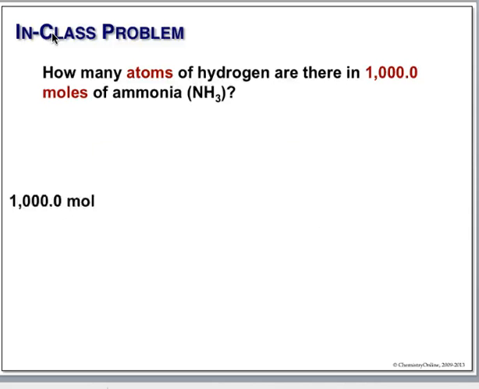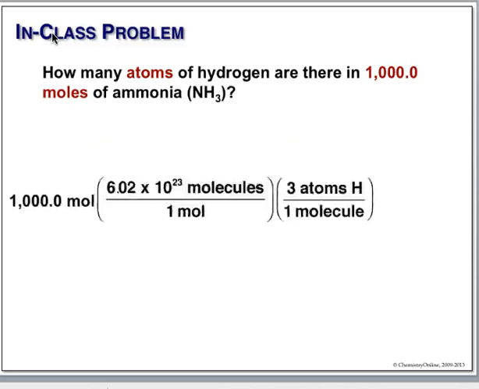How many molecules in a mole? 6.02 times 10 to the 23rd. How many hydrogens in a molecule? 3. Moles and molecules cancel. 1,000 multiplied by 6.02 times 10 to the 23rd. Try this on your calculator, make sure it works. Times 3.